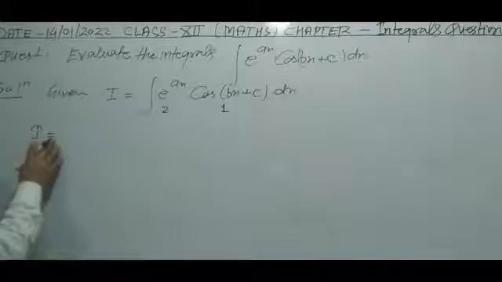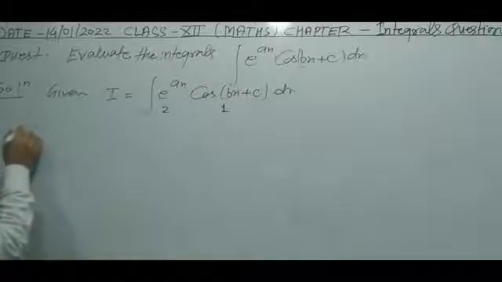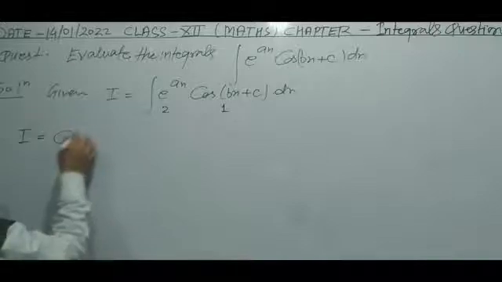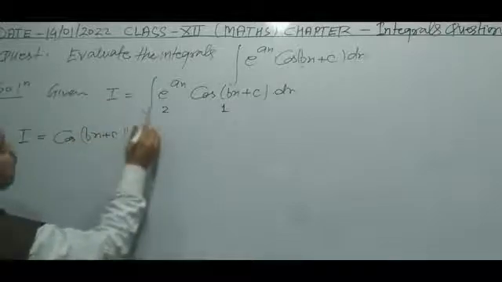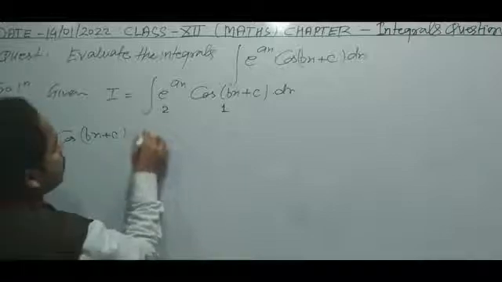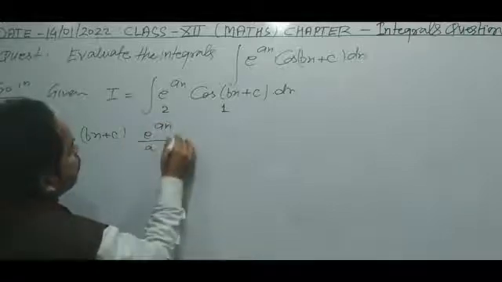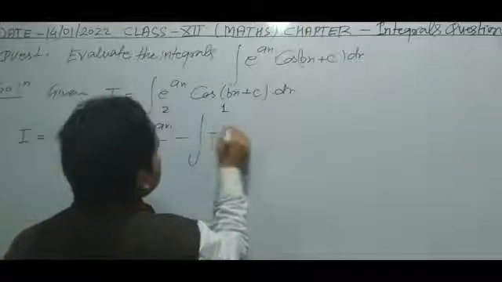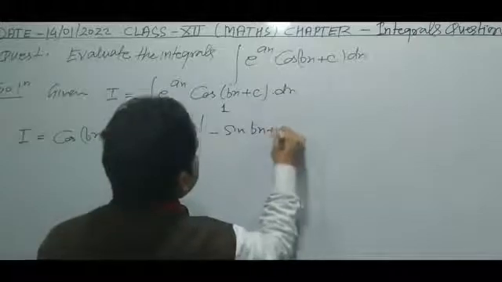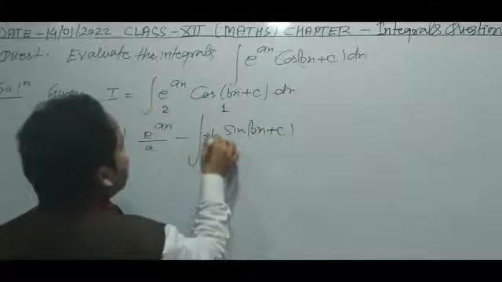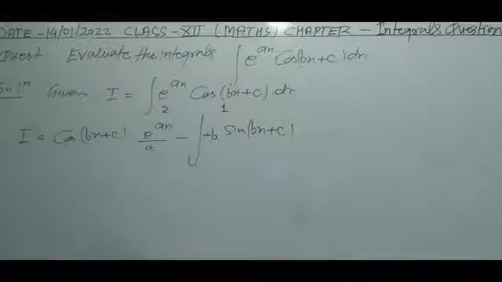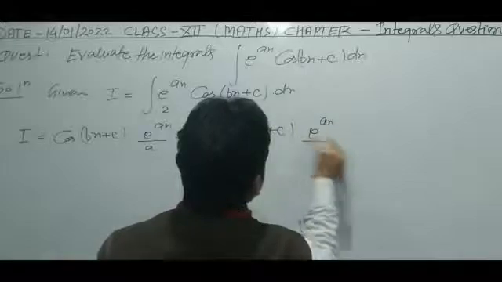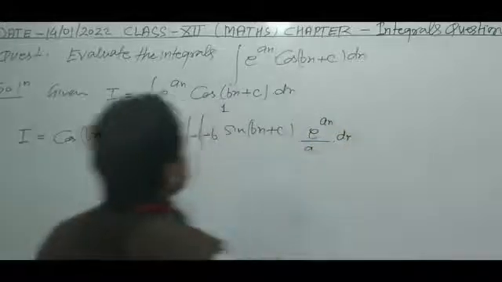I is equal to first function into integration of second function, meaning e to the power ax whole upon a, minus integration of d by dx of first function, meaning minus sine (bx plus c) with minus b, into integration of second function, meaning e to the power ax whole upon a, dx.